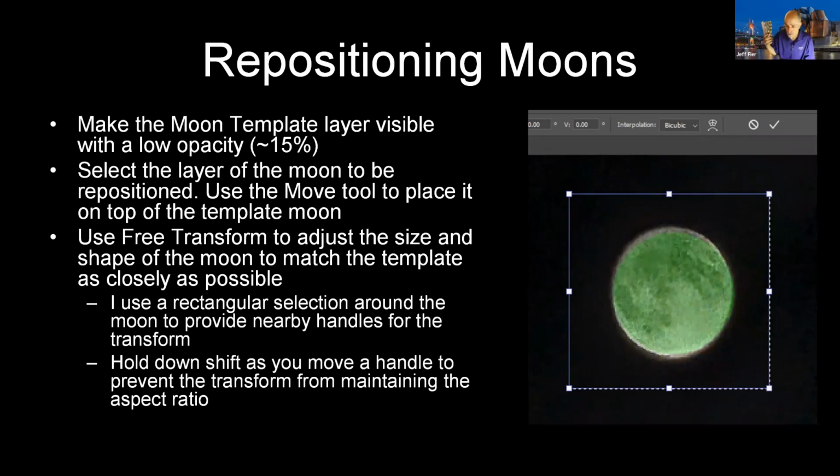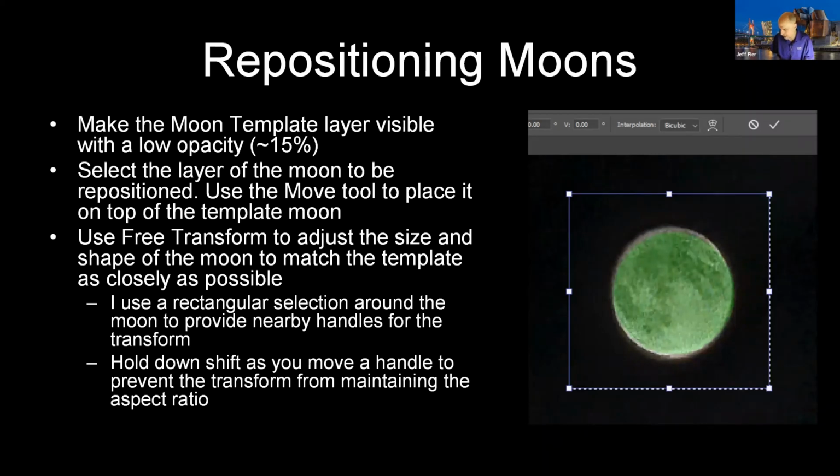So I put a rectangular selection just around my moon, something close to the moon, then invoke the free transform with Control-T, and then by pulling on these various different tabs, you can get this moon to shrink down this direction and shrink down this direction. The free transform tool, I'm not quite sure. I haven't gone and read the instructions on how exactly you get it to do things, but it seems if you just pull on one of these corners, it's going to move things kind of uniformly.